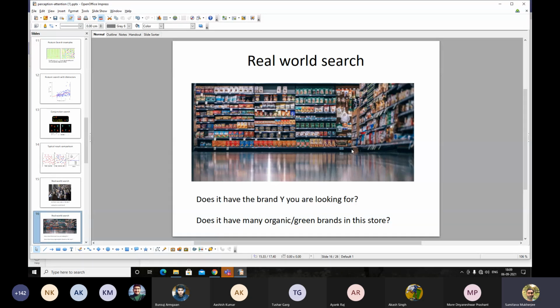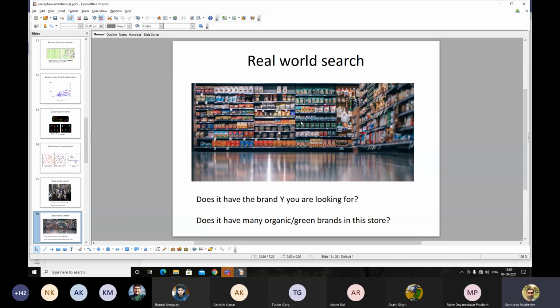This is going to again change the way I look at it, or the way I search for information in this image. And what will happen is that when you have a more specific one, does it have brand Y you are looking at?